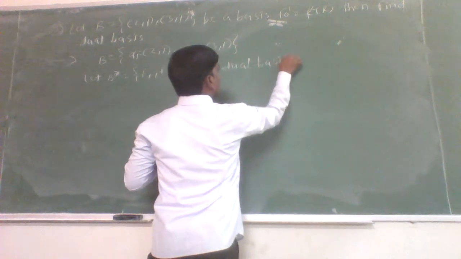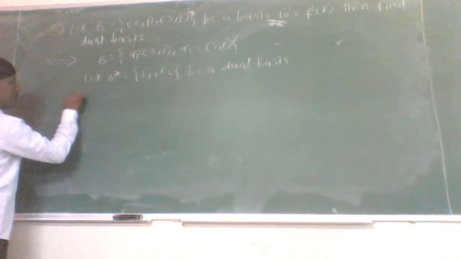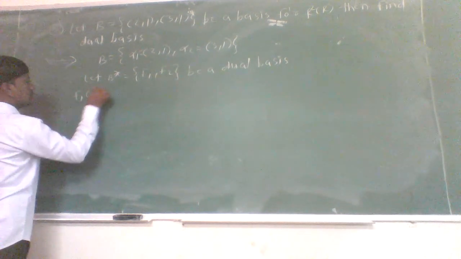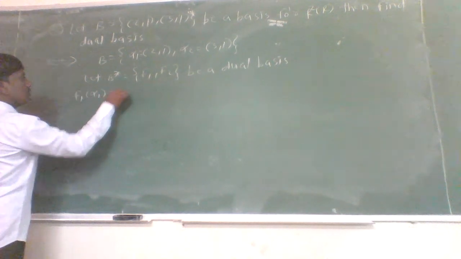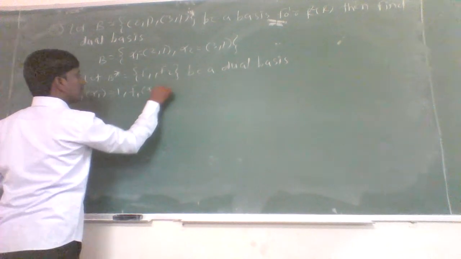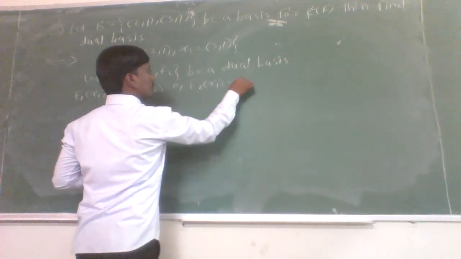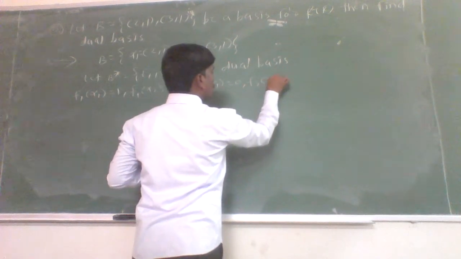Okay, and this one is the dual basis. Then by definition of dual basis, f1 of alpha 1 is equal to 1, f1 of alpha 2 equal to 0, f2 of alpha 1 equal to 0, and f2 of alpha 2 equal to 1.